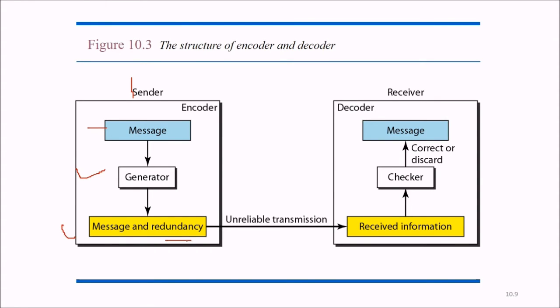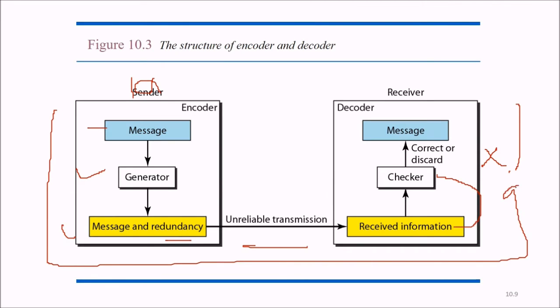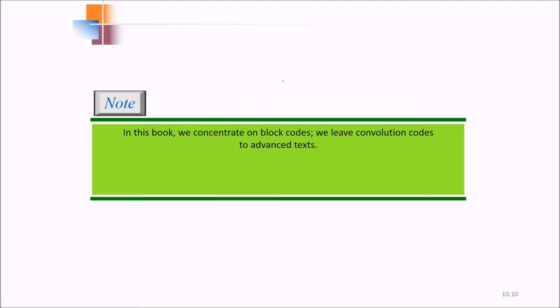Then the message and the redundancy, that is the extra bits, are sent through an unreliable transmission. The received information is checked. There is a checker. Either we discard the message and request the sender to retransmit the data again, or we may take up one more way to correct the data which we have received, and then the message can be submitted to the receiver.